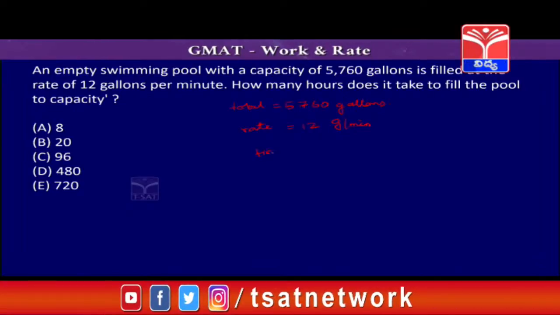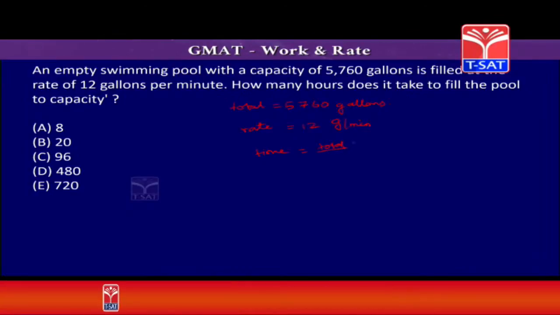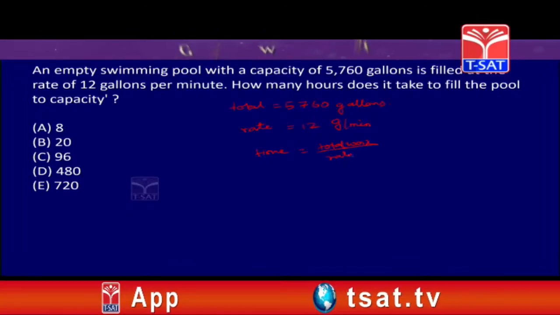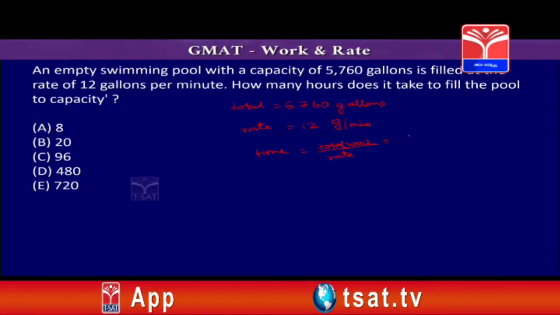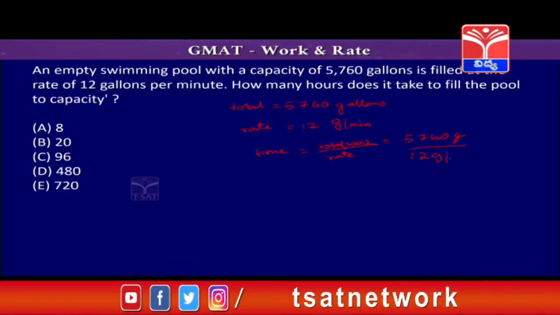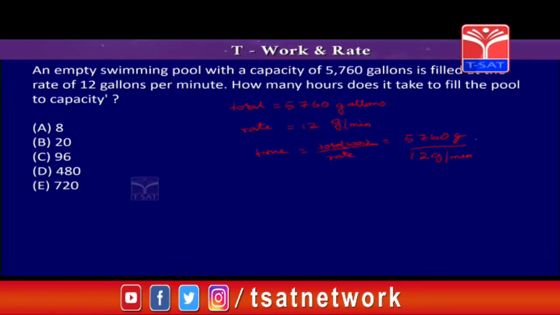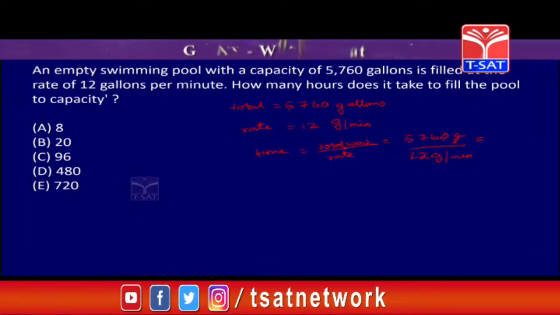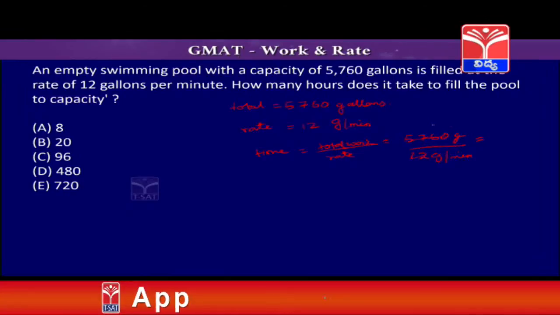Okay, so time is equal to the total work divided by the rate at which the work is being done. So the total that needs to be filled is 5,760 gallons and the rate is 12 gallons per minute. So 12 cancels out, 12 fours are 48 plus 9 is 57, 12 eights are 96 and 0.